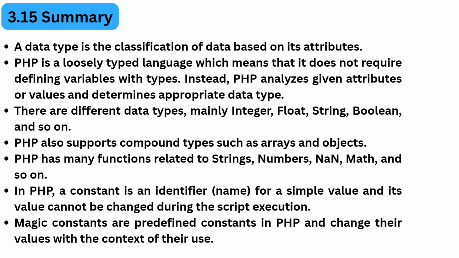Constants in PHP hold fixed values that cannot be changed once defined, and they are accessible globally. Magic constants are special predefined constants that change their values automatically depending on where they are used in the code. Together, these features make PHP a powerful, flexible, and developer-friendly language that allows for both simple and complex programming, all while maintaining clarity and ease of use.